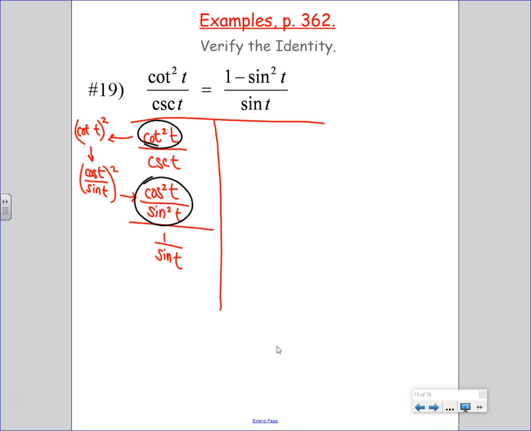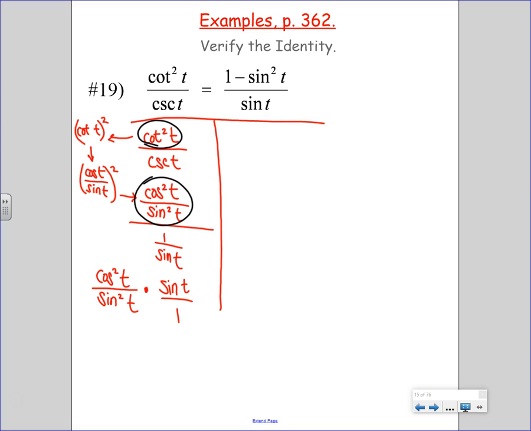Multiply by the reciprocal. So couldn't I rewrite this as cotangent squared divided by 1 over sine, aka multiplied by the reciprocal of 1 over sine? Isn't that legal? When you divide by a fraction, you multiply by the reciprocal.